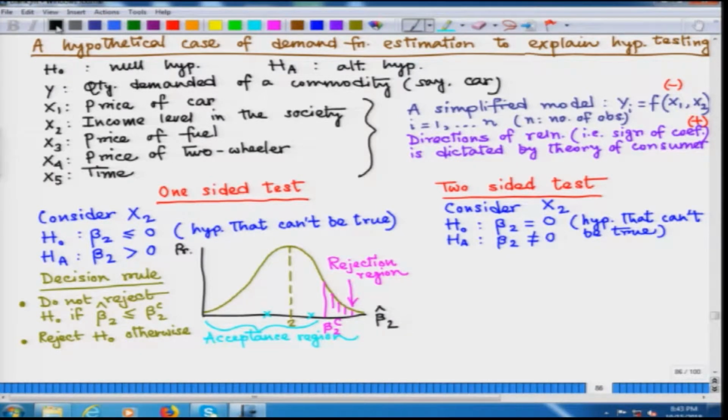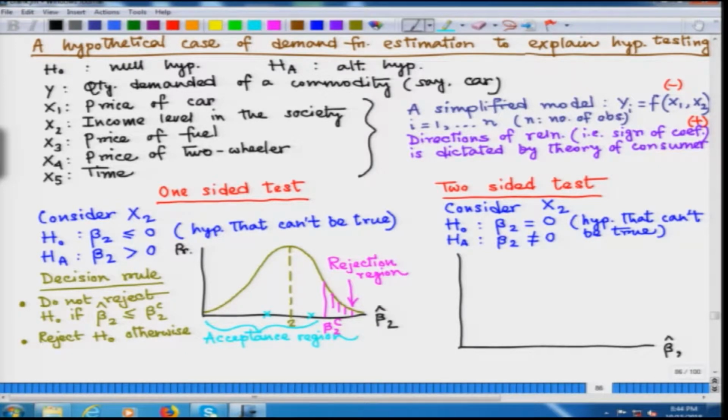Okay. So, now let me move on with the case of two sided test. Here also I will take the help of a diagram to explain the concept of hypothesis testing.